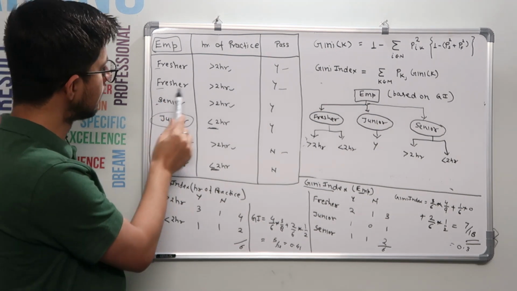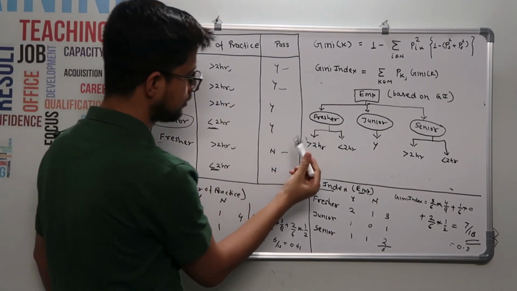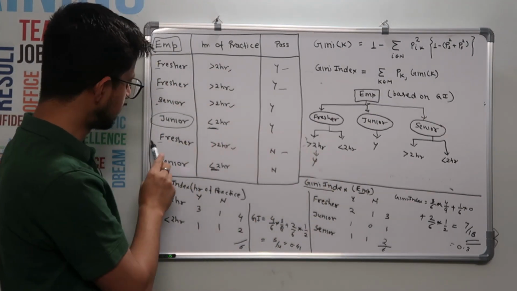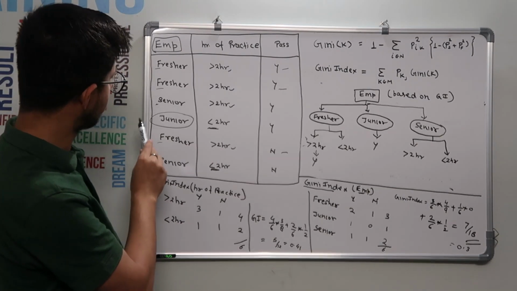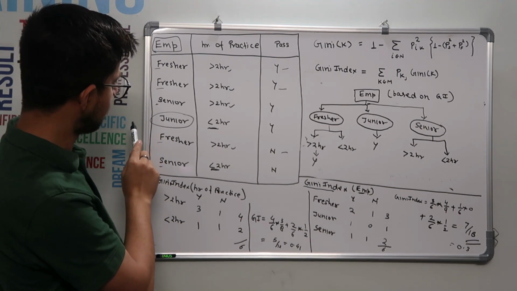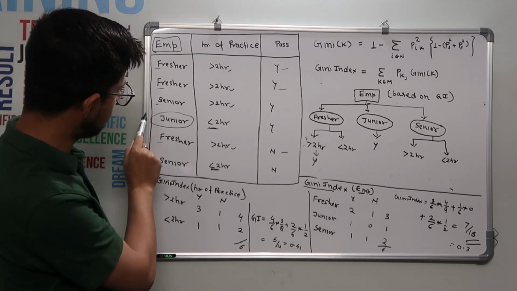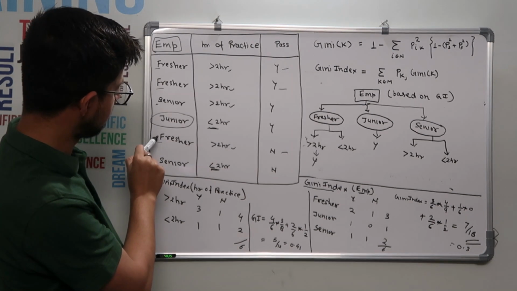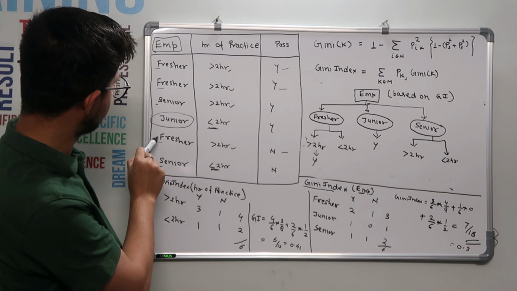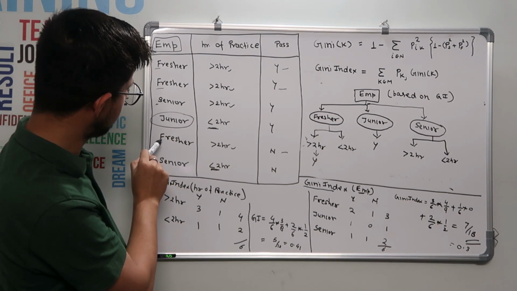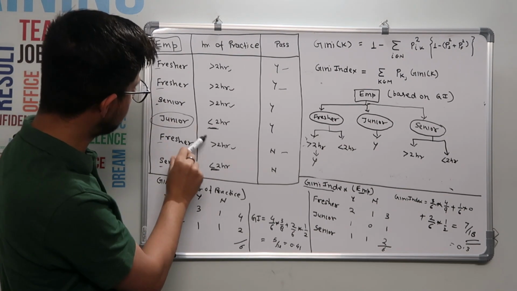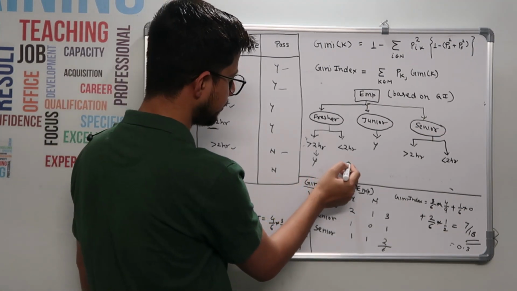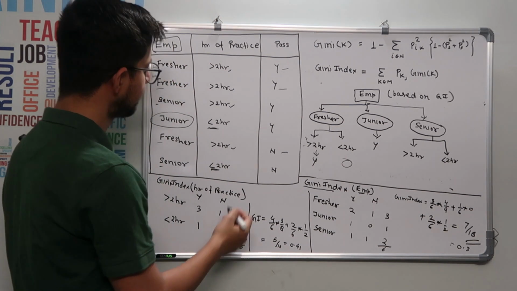If it is fresher and greater than 2 hour, then it is yes, correct? For fresher all values are greater than 2 hour, right? So for less than 2 hour there is nothing, okay.